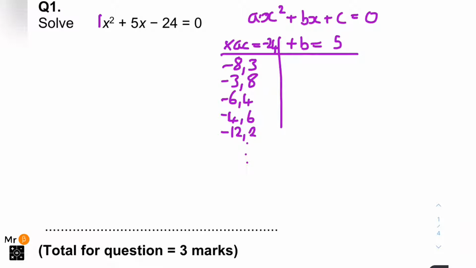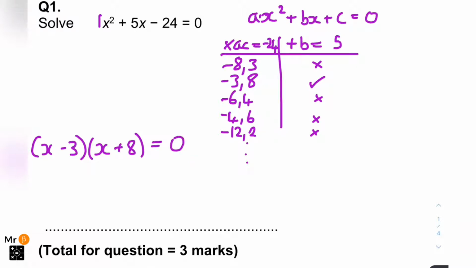However, you will notice that up at the top, negative 3 plus 8 gives you our positive 5. None of these other pairs would give you the answer 5. Once you've worked out which pair of numbers work, you can then write these in your brackets. So you would have the answer x minus 3, x plus 8 is equal to 0.